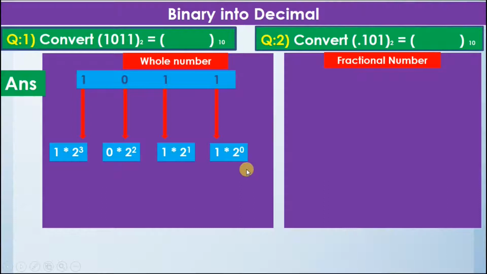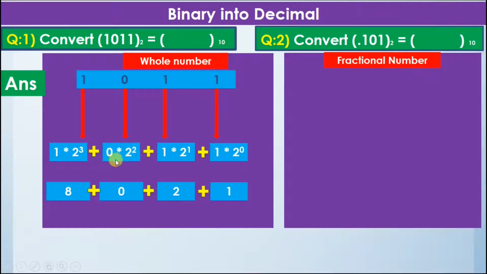Once we have multiplied them, we add them all together. We know that 2 raised to power 0 into 1 is equal to 1, 2 raised to power 1 is equal to 2 and 2 into 1 is equal to 2. Next we have 2 raised to power 2 is equal to 4 and 4 into 0 is equal to 0.